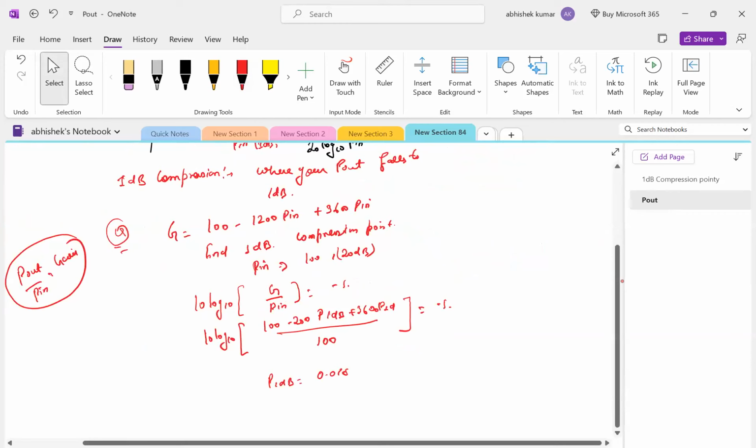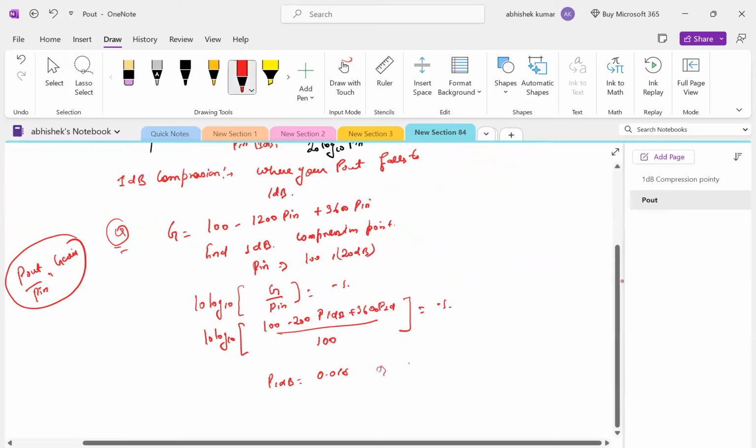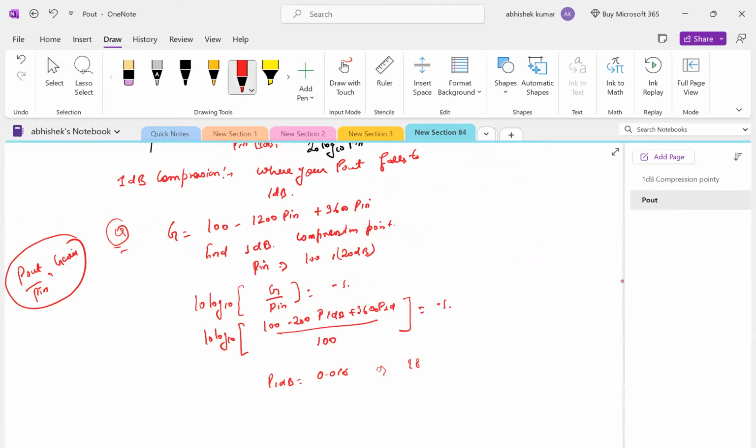So at this power, if you convert it into dB, it is 10 times log 0.018, which is around minus 17.44 dB.